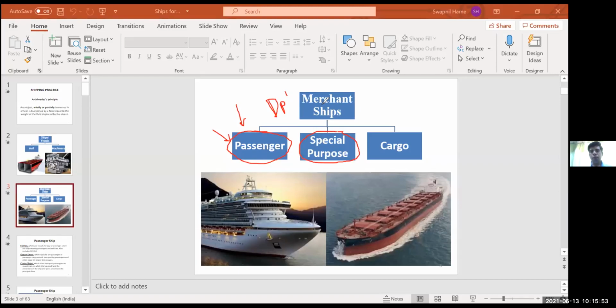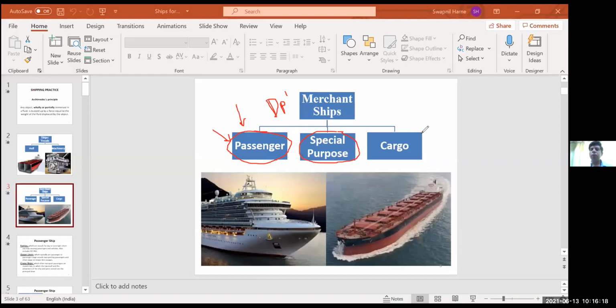To inspect the seabed, the divers have to go in and do the inspection. So the function of this DP vessel is to maintain the position of the ship and provide access to these divers down below. So these are the special purpose vessels.